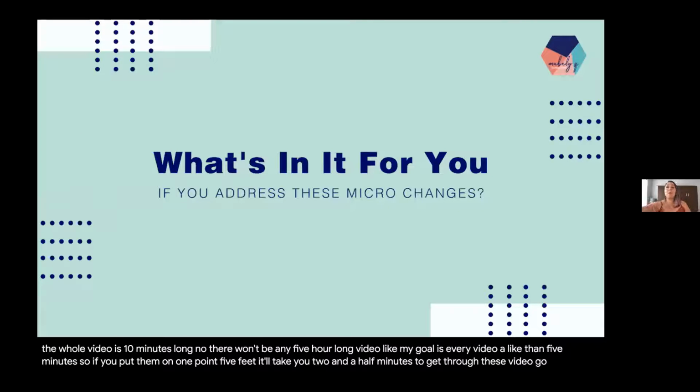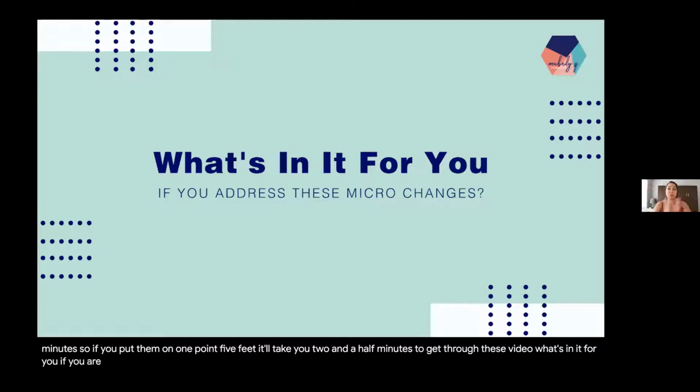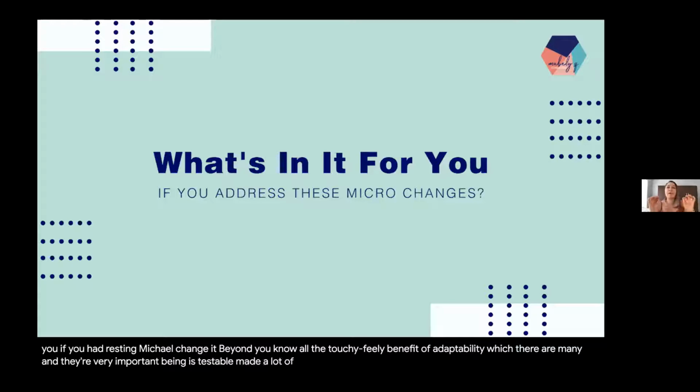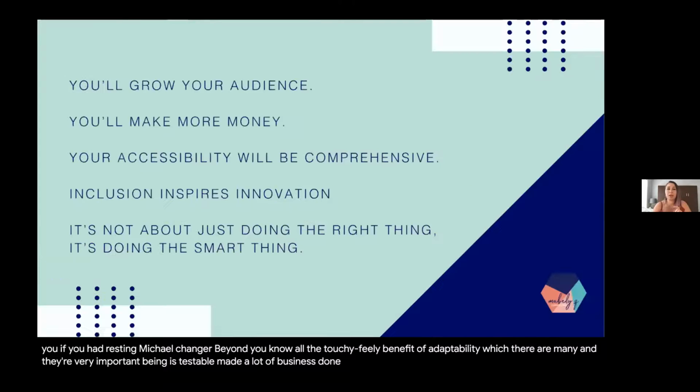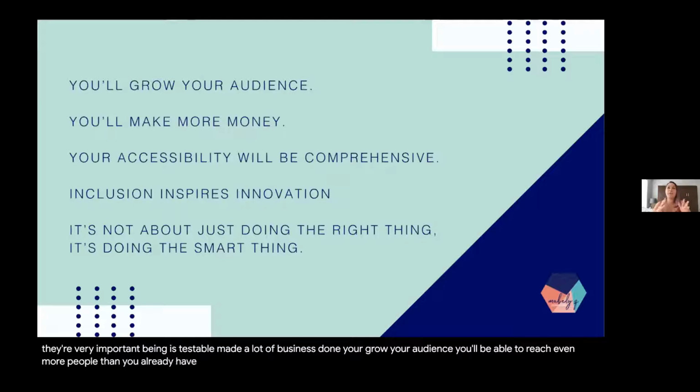So what's in it for you if you address these micro changes? Beyond all the touchy-feely benefits of accessibility, which there are many, and they're very important, being accessible makes a lot of business sense. You'll grow your audience. You'll be able to reach even more people than you already have because you've considered all the needs across all the different parts of your business.